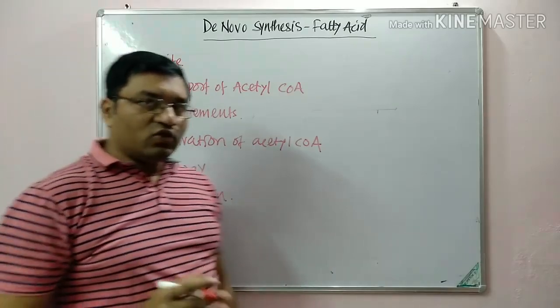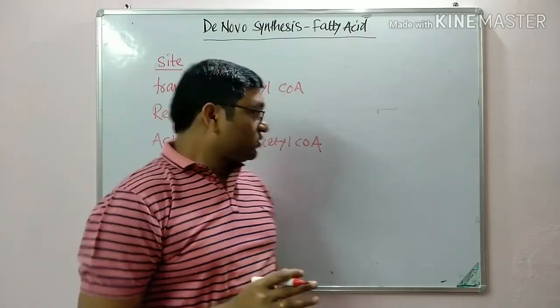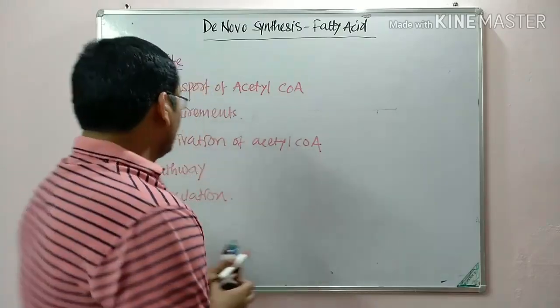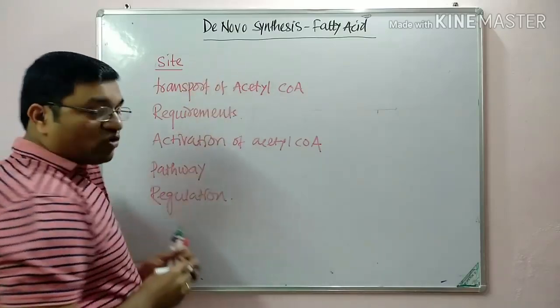In the last video lecture we already dealt with the fatty acid synthesis complex. So today we'll start with the fatty acid synthesis proper. First, the site: it is de novo synthesis of fatty acid.